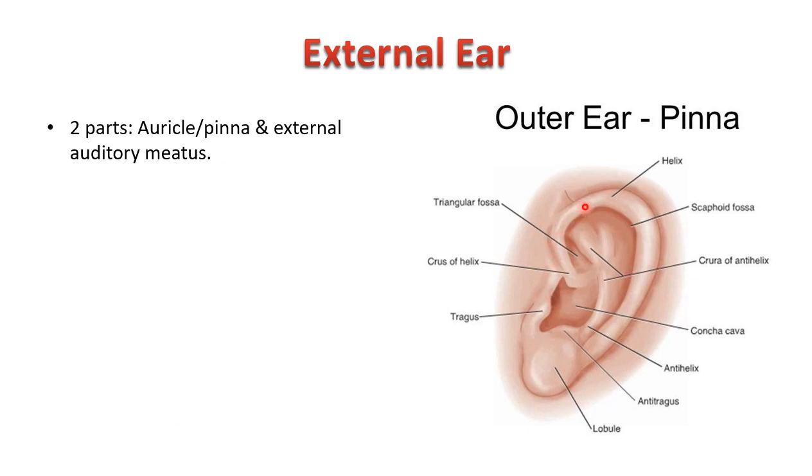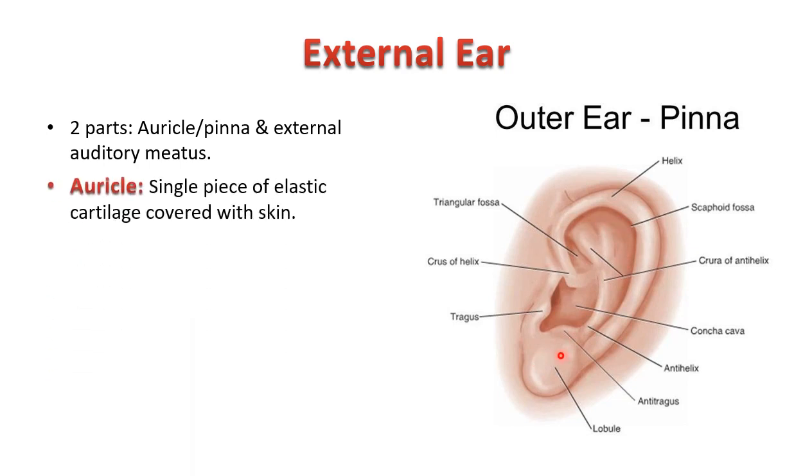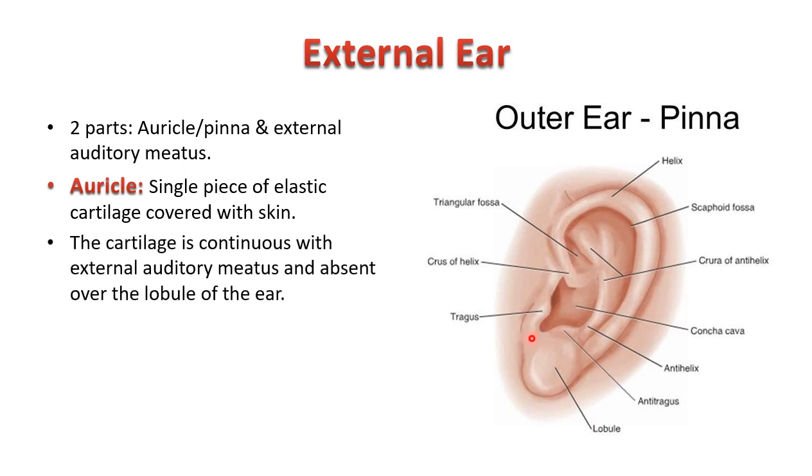Okay, so the auricle or pinna is actually a single piece of elastic cartilage, and the lower part here, the lobule of the ear, the elastic cartilage is absent, you have only the fibrofatty tissue, and the whole of the cartilage with the fibrofatty tissue is actually covered by the skin, and the skin is tightly adherent to the underlying cartilage.